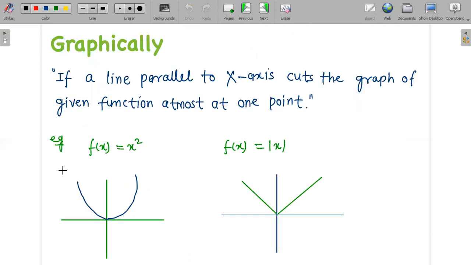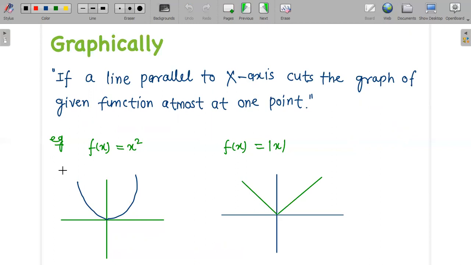There is another way, because we will not be able to carry forward this way if some other transcendental functions are there. So let me take another way for a function whose graph we can draw. The graphical way: if I feel comfortable drawing the graph of the function, I need to draw a line parallel to the x-axis.